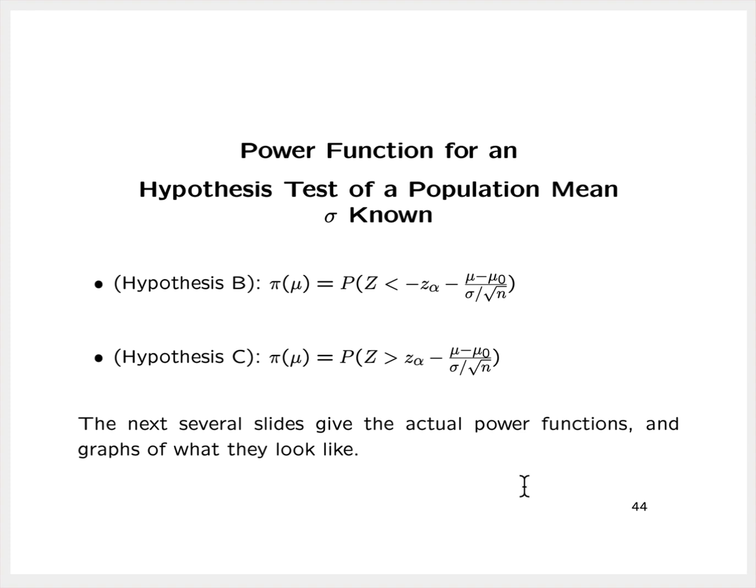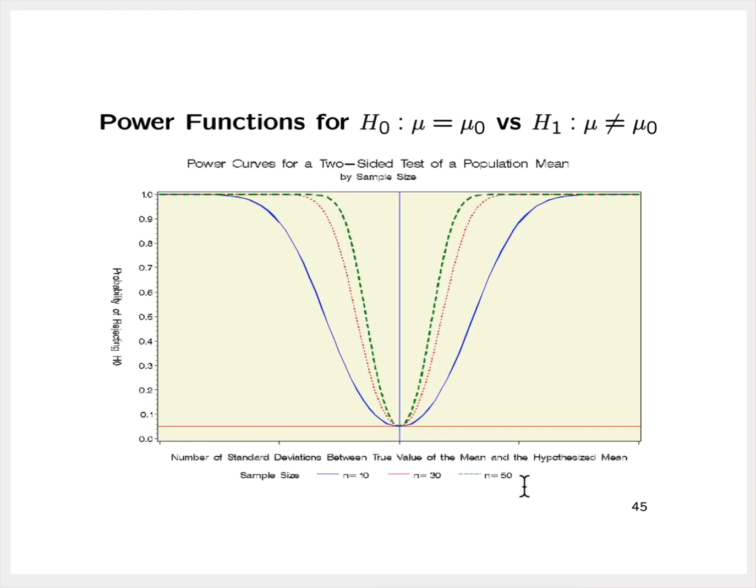Now, the next several slides give actual power functions. I've constructed these plots in SAS, and they show us what these power functions look like as a function of mu. So here we have the power function for a two-tailed test.